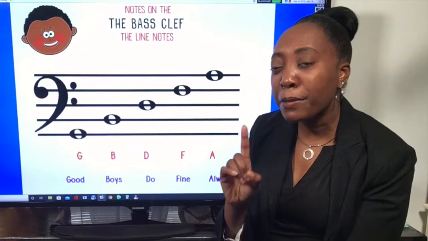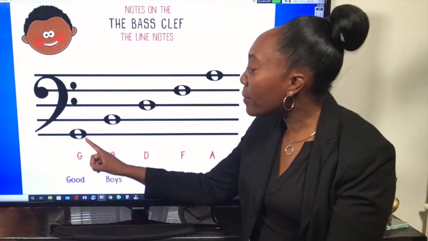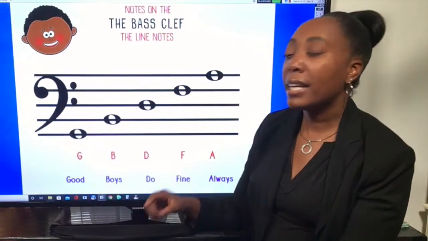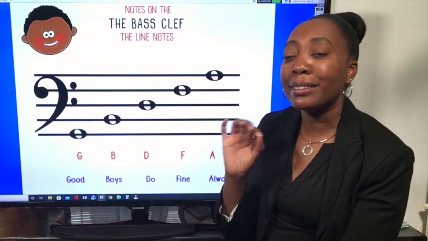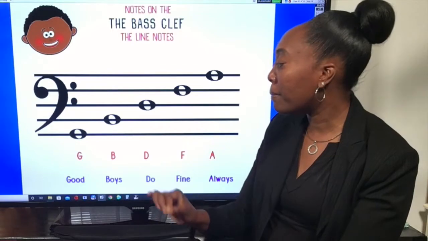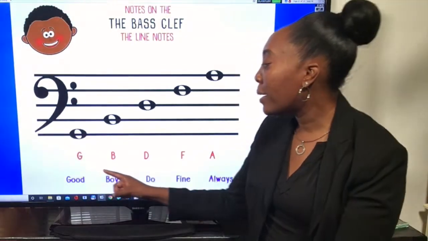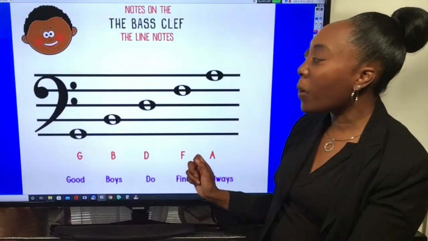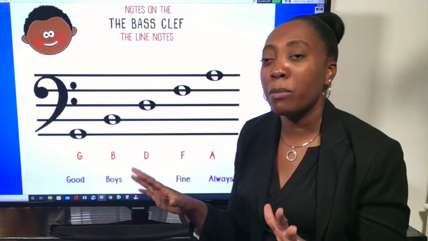And you have to remember that when you see the line notes on the bass clef, the little secret or sentence that will help you to remember is: Good Boys Do Fine Always. So let me say that one more time.